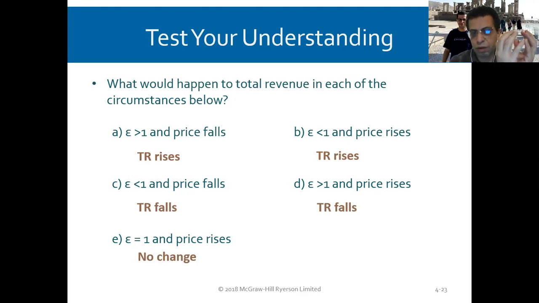The first part is elasticity, the second part is the price. So: less than one, falling; less than one, rising; more than one, falling; more than one, rising. What happens to the total revenues? This is how you're going to work it out. And if it's equal to one, no change happens.